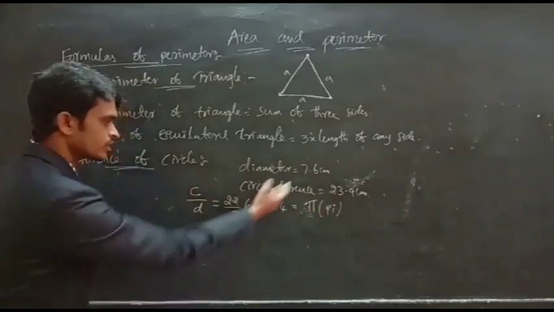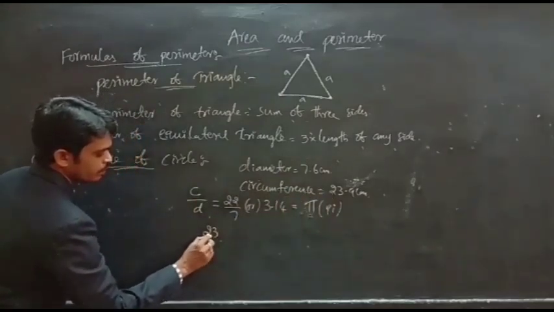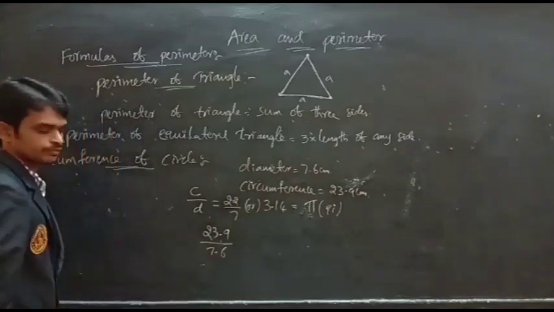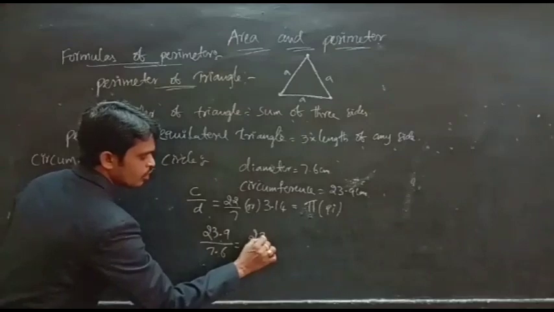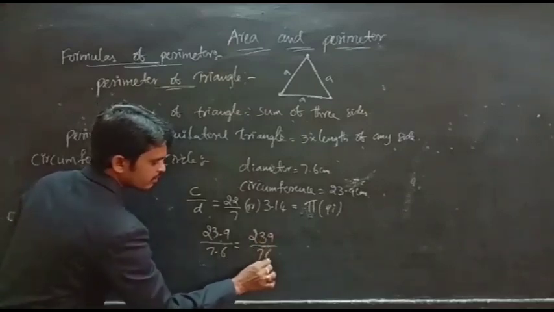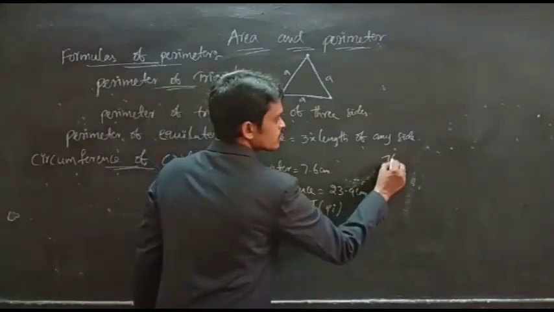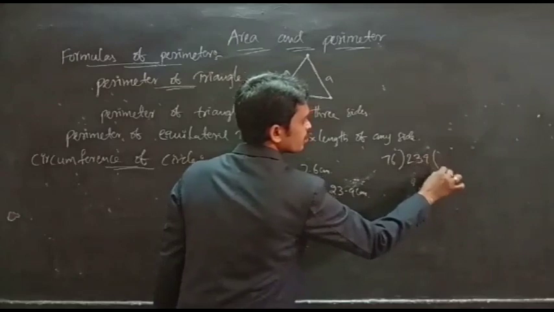We should check. So let us check. The circumference we got is 23.9, by diameter 7.6. Now, moving the point one place, we can cancel it. Then 239 by 76. So let us divide it. 76 dividing 239.